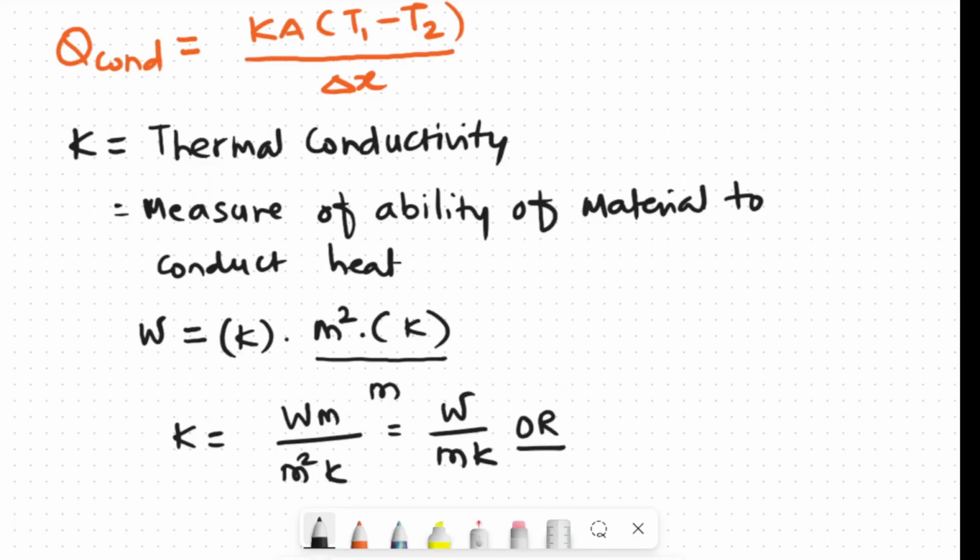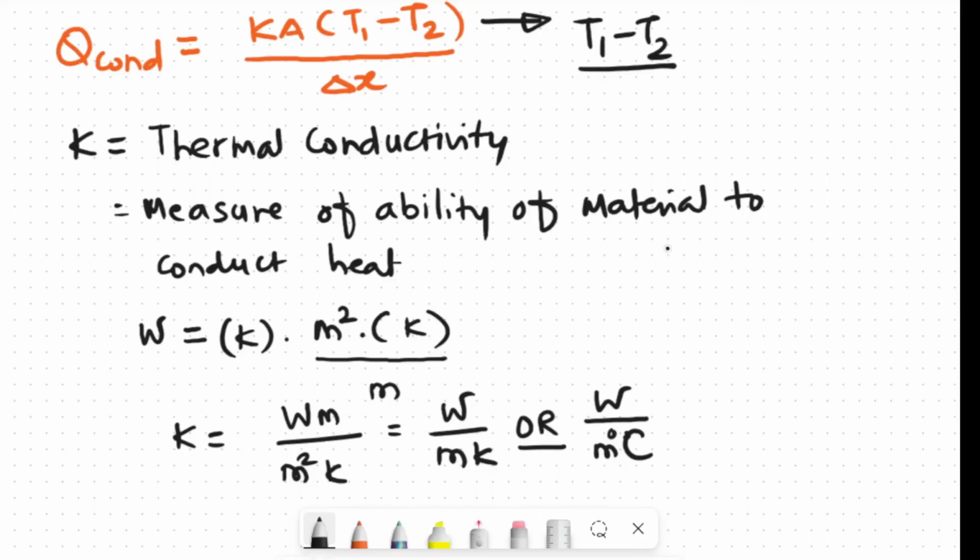Or, as in this numerator there is a subtraction of temperature, T1 minus T2, I can write it in the form of watt per meter degree Celsius. Both the things will be the same because it's a temperature difference.